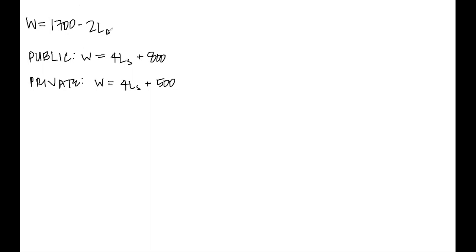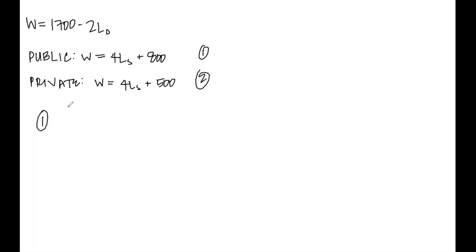So since both these equations have W isolated, it's okay to solve for L and then solve for W, versus what we've done in the past where we've solved for W and then L. So hopefully that made sense, but I'm going to solve, I'll put public as 1 and private as 2.